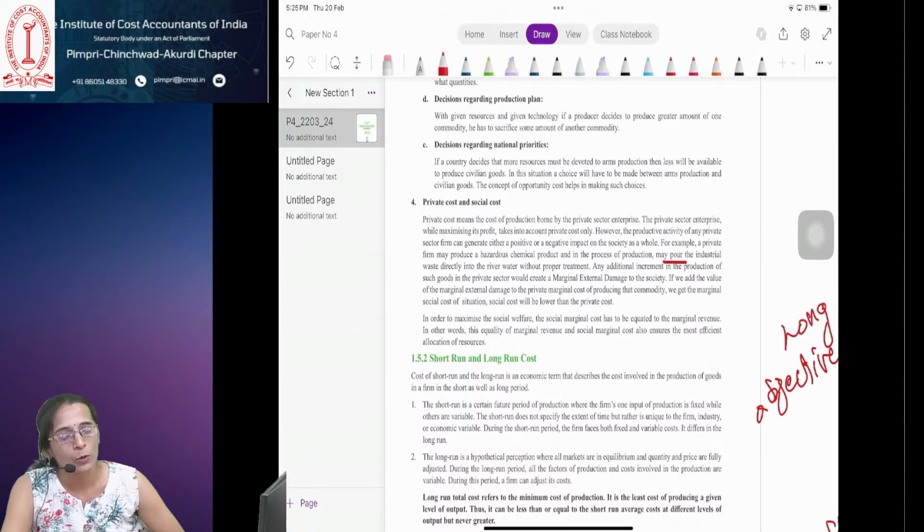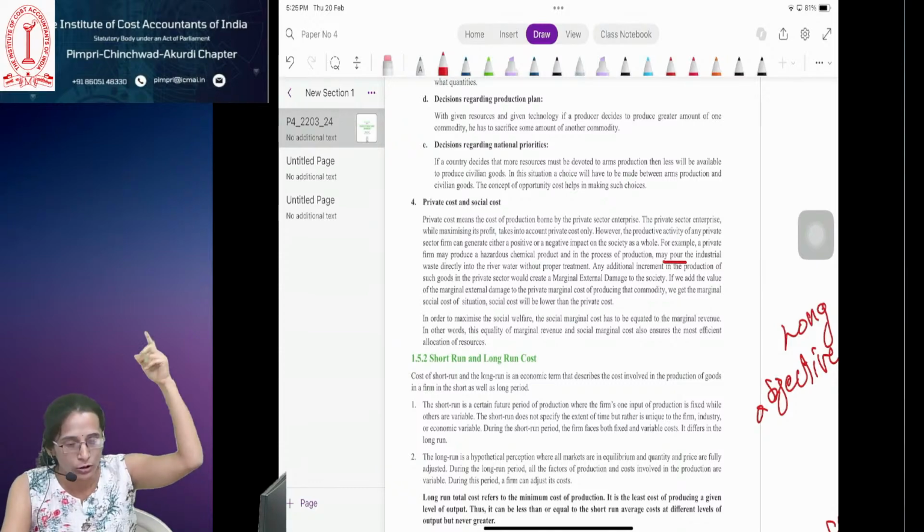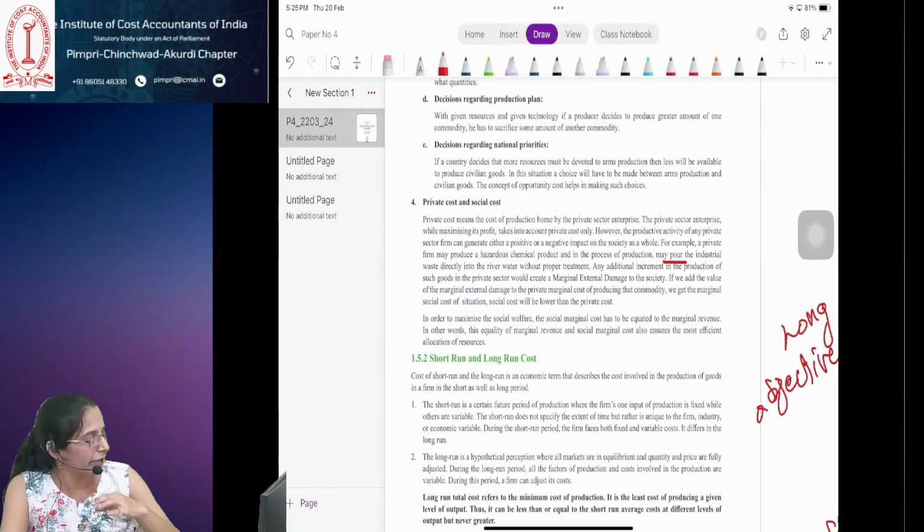Because that polluted substance which we are releasing during the production process should go out in the air. If we don't have the tall height of that chimney, what will happen? Less height, it will get polluted in the air. Human beings will get affected. When it is at a tall height, it does not come much towards human contact, right?